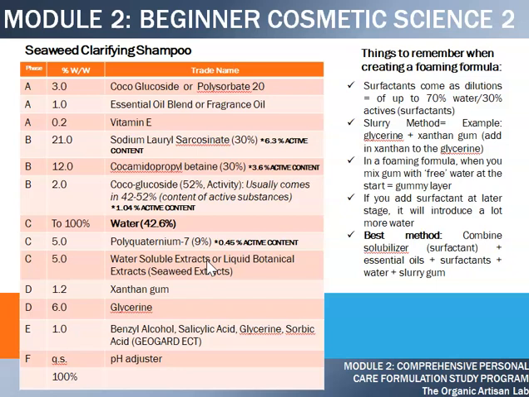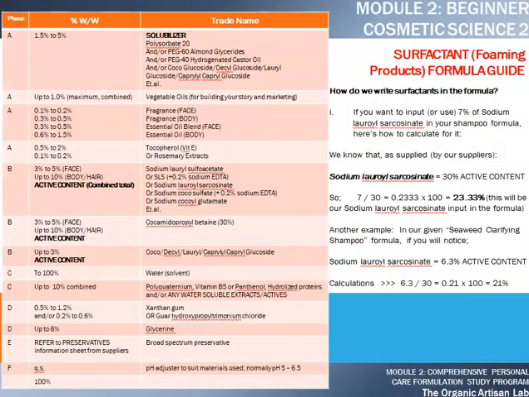So you can always go back and check if you're doing the right thing. This is an initial guide because I gave you an example of a clarifying shampoo. Now, if you check our formula guide, I suggest you always refer to this table so that you will be guided on what you are making.